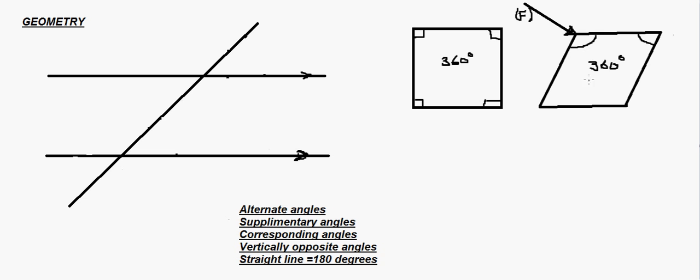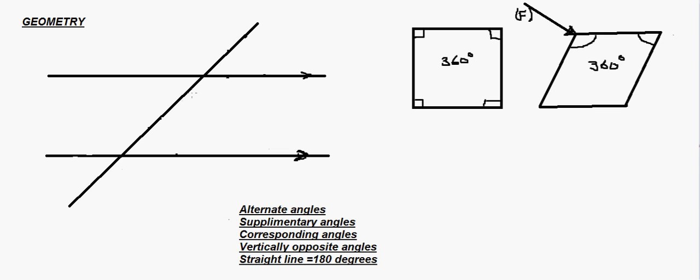Okay, so we cannot lose angles by distorting shapes. The interior angles will still be 360 degrees. So even if I push this to almost flat, this angle down here will be very, very tiny, but the angle up here will be very, very large to compensate. Okay, and that's all that's happened here, is a vertical line has been pushed over.